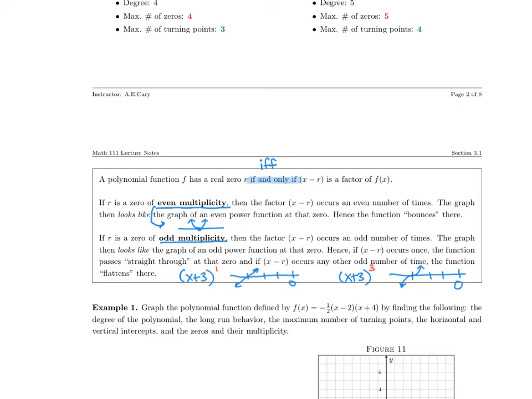Take a moment for yourself to practice drawing these multiplicities of 3 in both directions. Something that helps me is to say, here's where my root is, and I do half a parabola up, half a parabola down, so I don't have to do it all in one fell swoop. It's also good to practice in the other direction as well, just in case. So take a moment to do that for yourself.